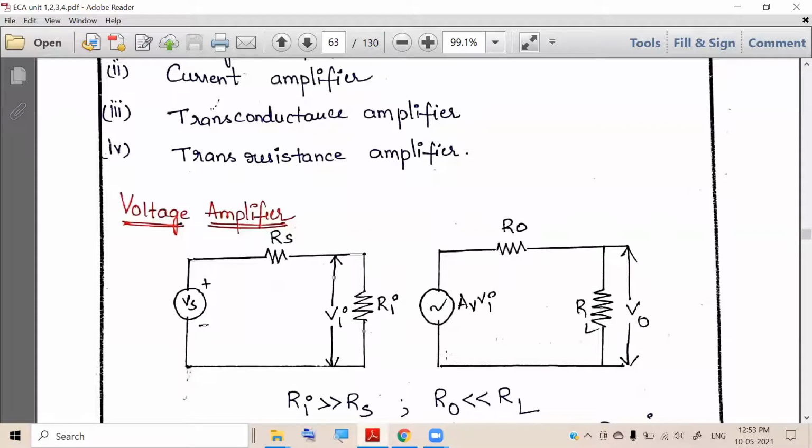Now same logic here. When will this voltage reach RL without loss?